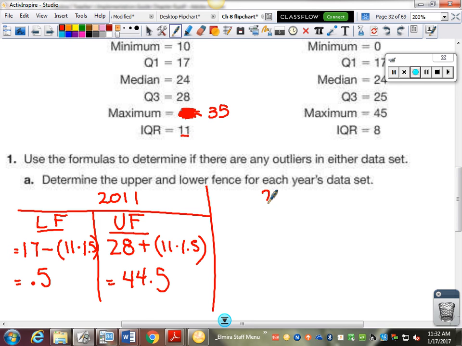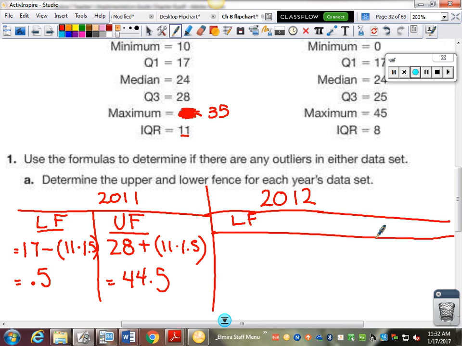Let's talk about 2012. Again, we're going to do lower fence and upper fence. So we've got Q1, 17, minus our interquartile range 8 times 1.5.